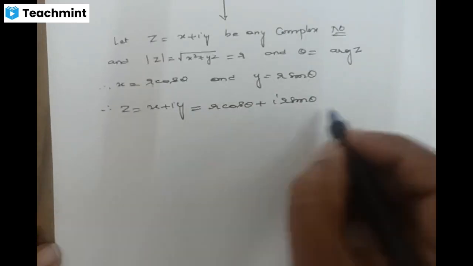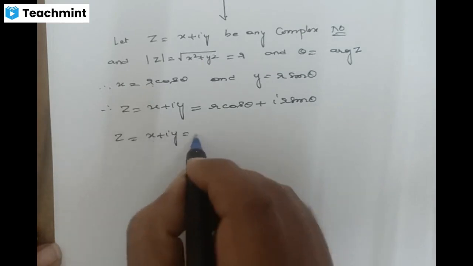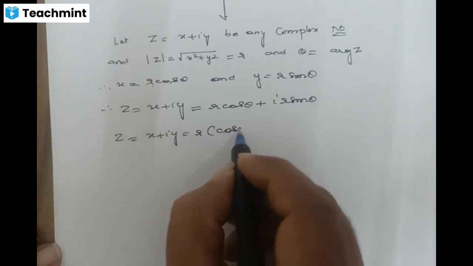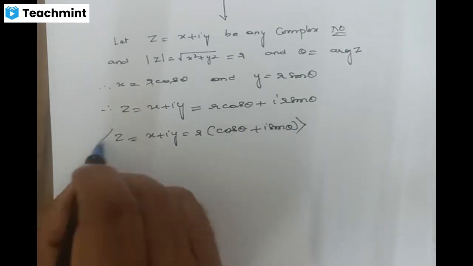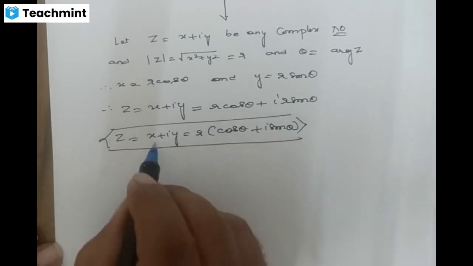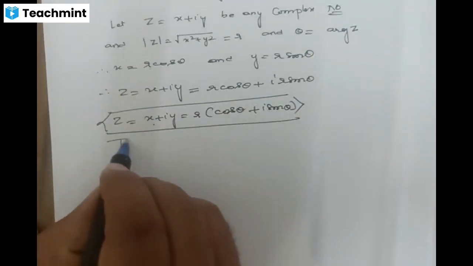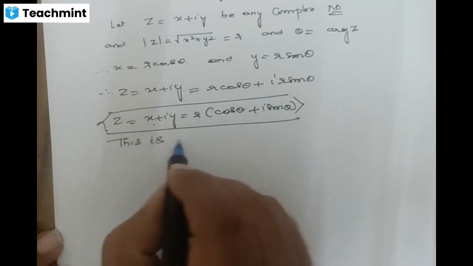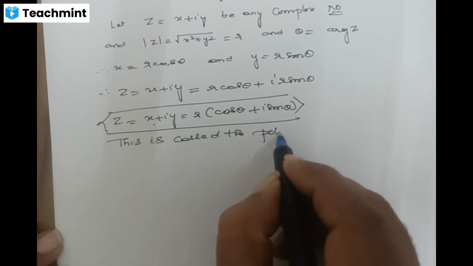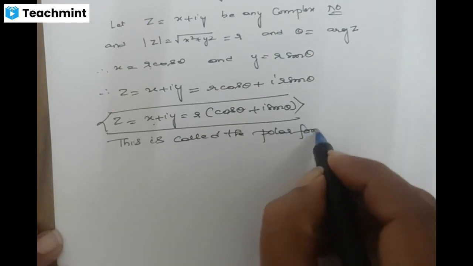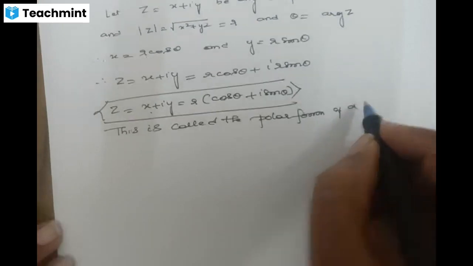So Z is equal to R, taking R common, cos theta plus I into sin theta. This is called, going from Cartesian form to R and theta, the polar form of a complex number.